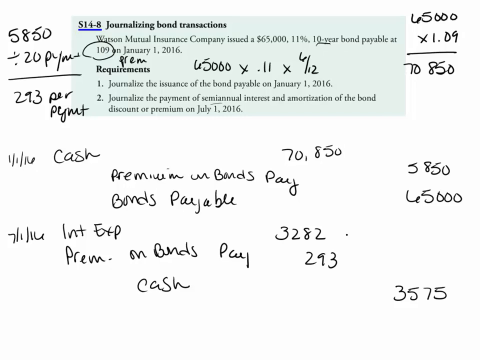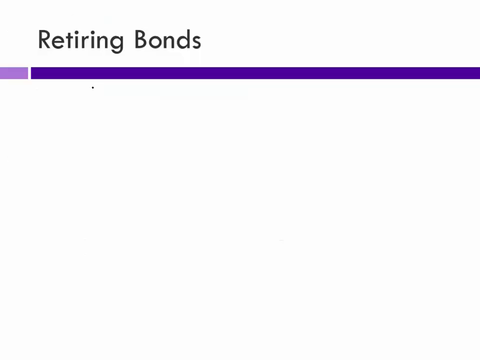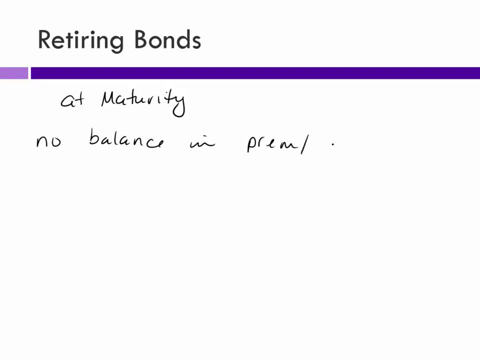I guess this is probably the last thing I want to show you here, which is retiring bonds. So when I retire the bond, if I hold this bond all the way to maturity, that means there's no balance left in either the premium or the discount.